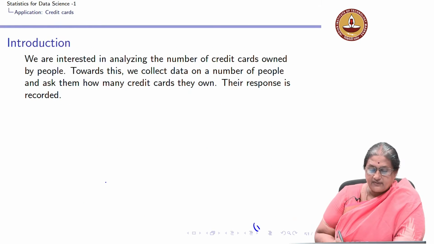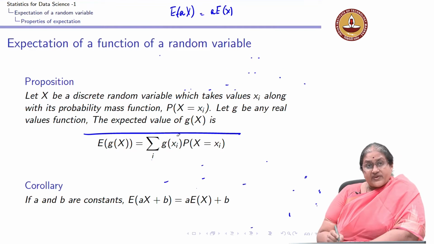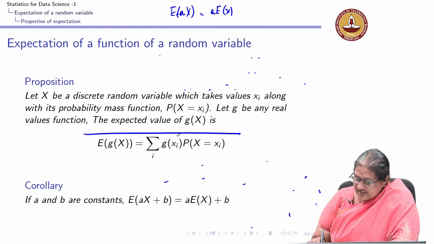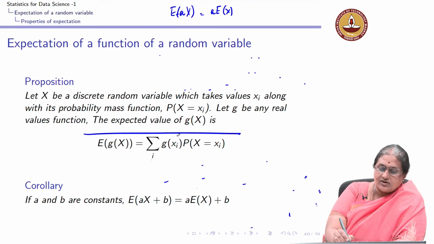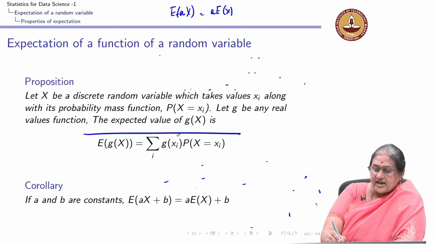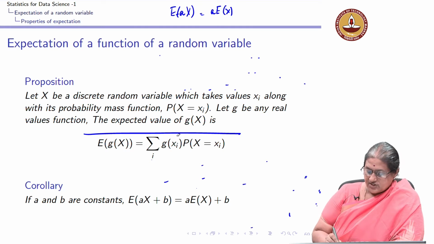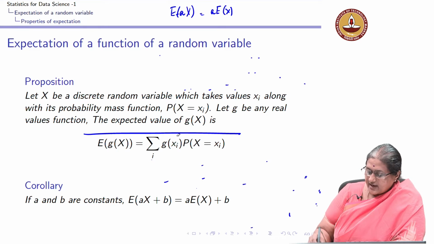So, we can recognize that this value inside is the expectation of x. Hence, I can write that the expectation of a constant times x is nothing but a times the expectation of x, where a is a constant. Similarly, let us look at the case where g of x is equal to ax plus b, where a and b are constants.